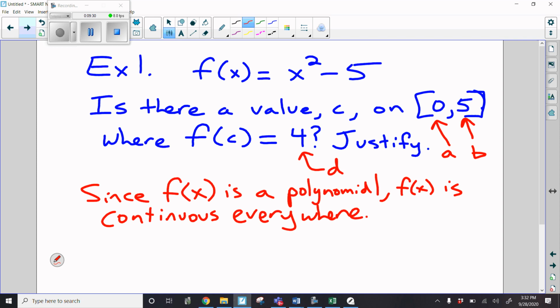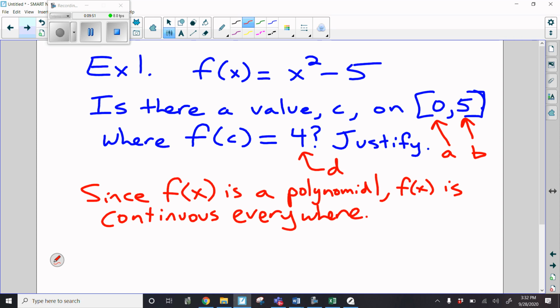Since f of x is a polynomial, f of x is continuous everywhere. In order to use IVT, you have to state continuity. As we go on and on, sometimes that can be a little bit more difficult, but we must state continuity. Without continuity, we saw that the IVT doesn't guarantee us anything.